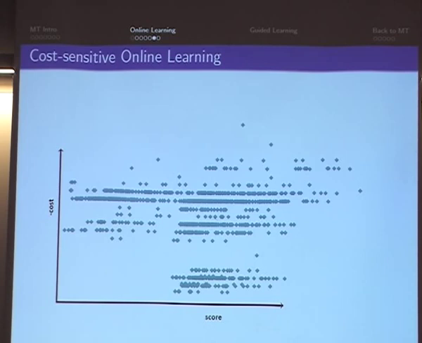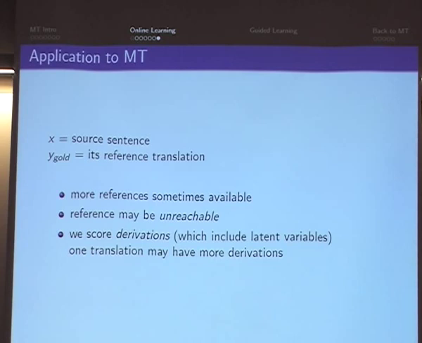It's quite simple. Implementing support vector machines is too hard, but implementing online algorithms like this is quite easy, and you need to adapt it for different problems. So I think it's useful to know just that it exists.